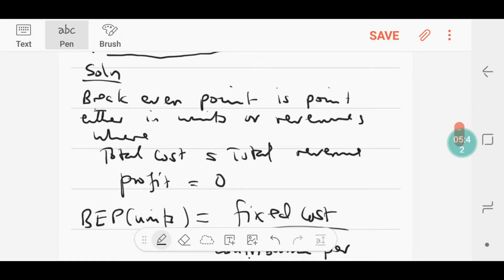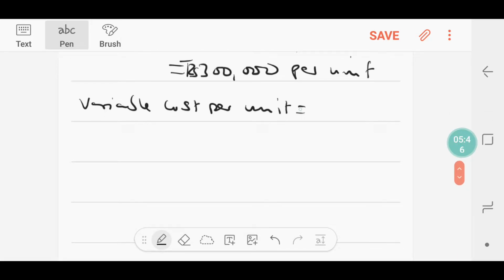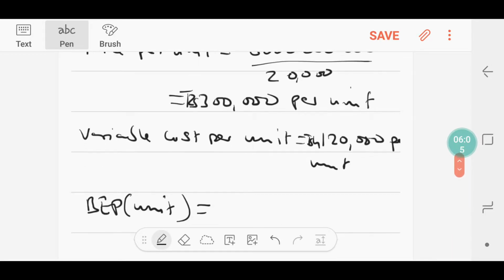So variable cost per unit has been given directly in our question.